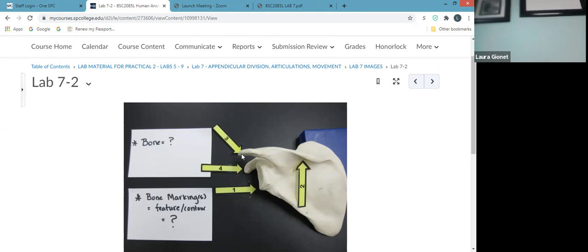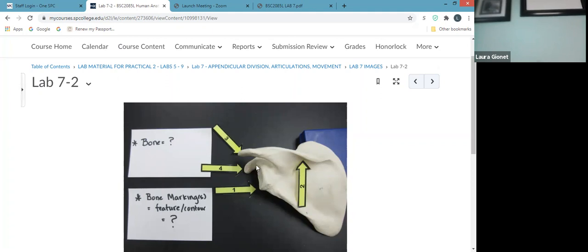Then below the acromion process, sticking out anteriorly, is the coracoid process. Remember, the coronoid process, with an N, is close to the nose on the mandible, but the coracoid process is found on the scapula.